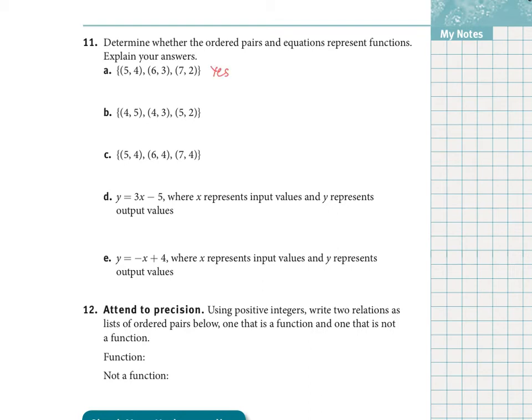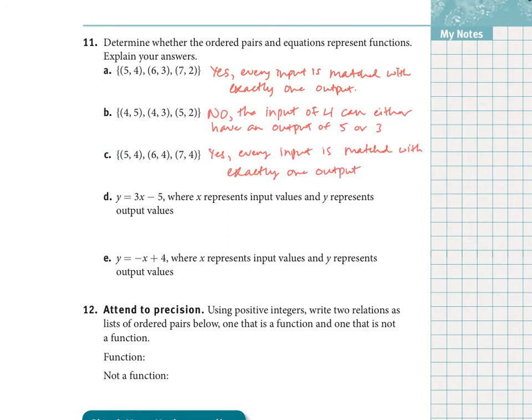So here we would say yes, and our reason would be every input is matched with exactly one output. So I want you to go ahead and try parts B and C right now.